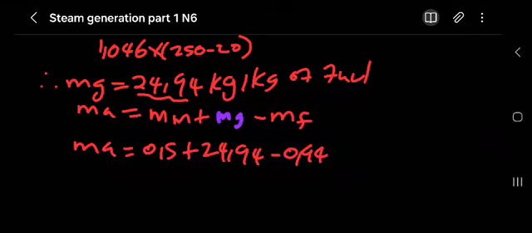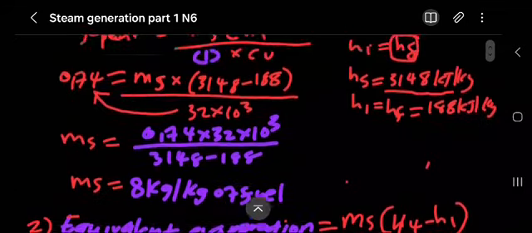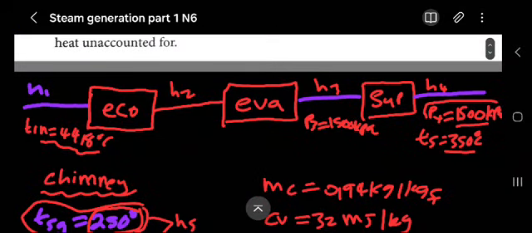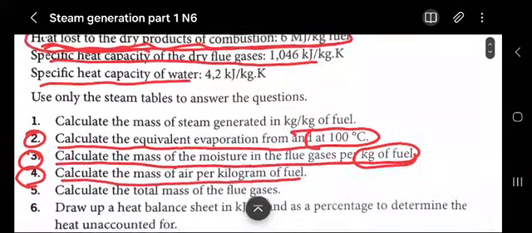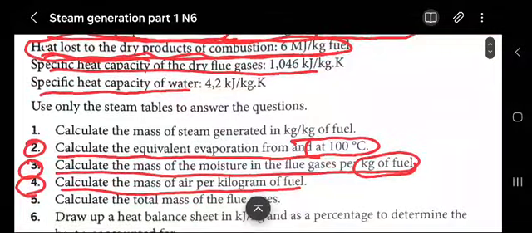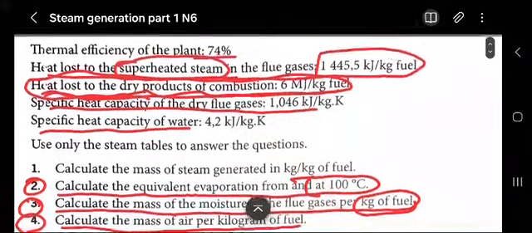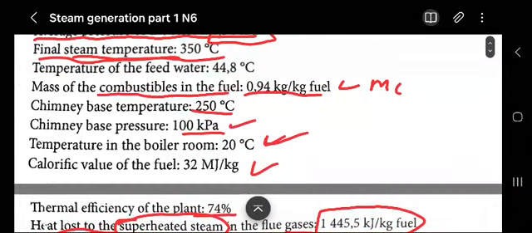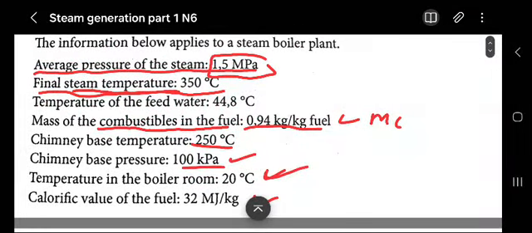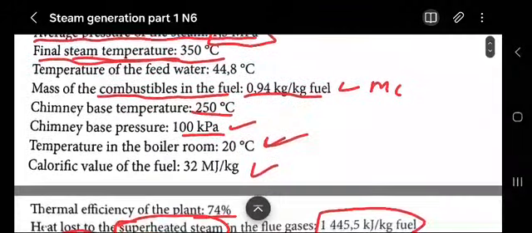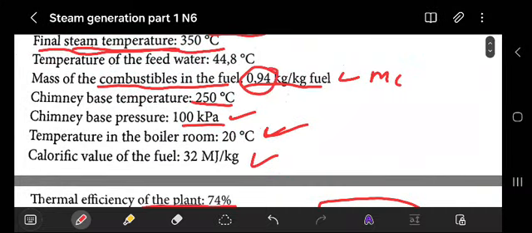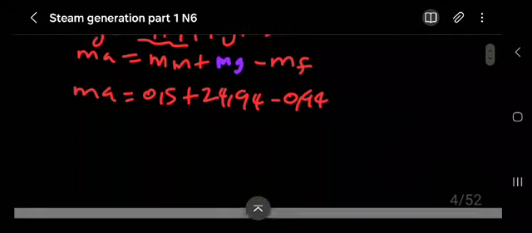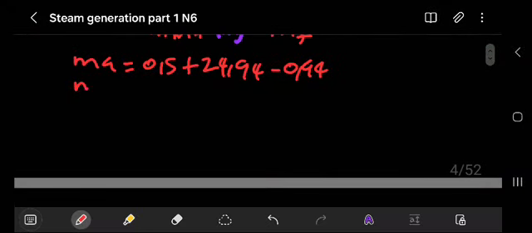This is the mass of the combustible fuel here, 0.94. Alright, then simply punch that, we'll find the mass.